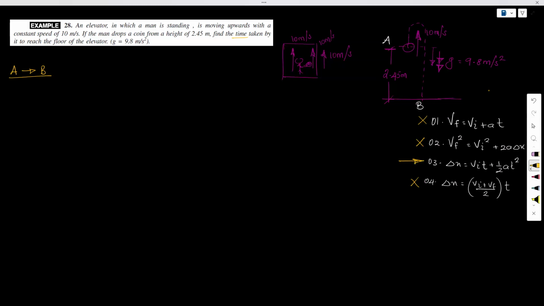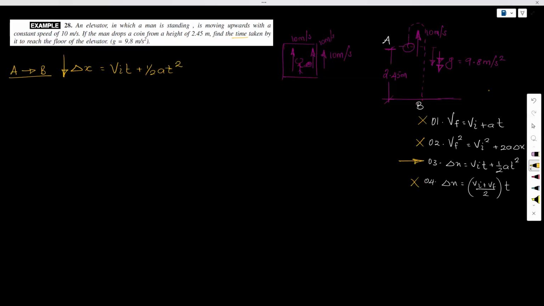It is usually the case in kinematics that we have 4 equations, and we can rule out the equations that don't match the parameters that we know and that we have to find, and we will end up with one equation. The equation that I'm going to use is delta x equals Vi t plus half a t squared. I'm going to use it in the downwards direction.